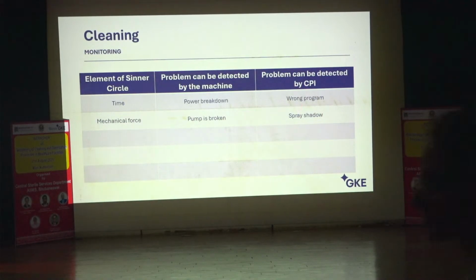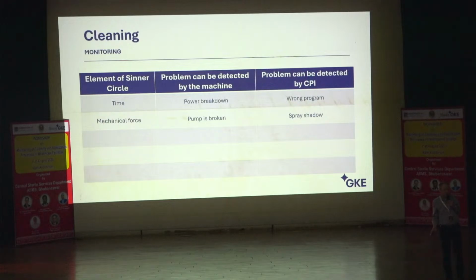But what about a spray shadow? If you have a position in your load where you want the spray to hit and you put something over it and you mask the spray and the contaminated spot is not hit, the machine will not tell. How can the machine know that you made a mistake when you created the load?